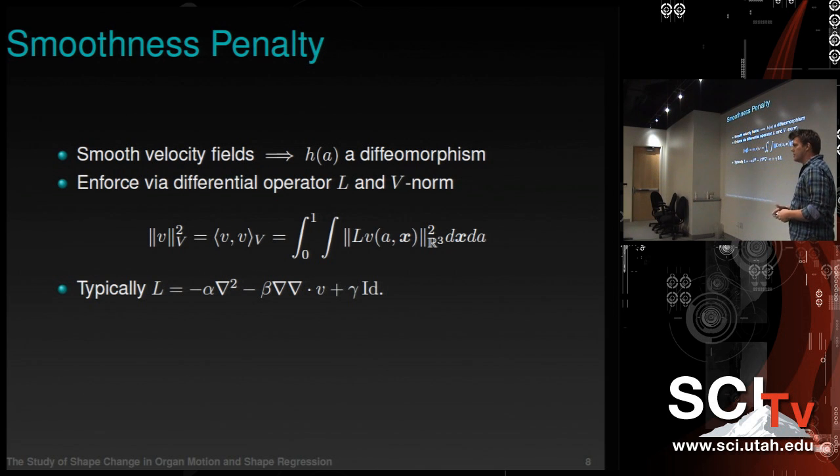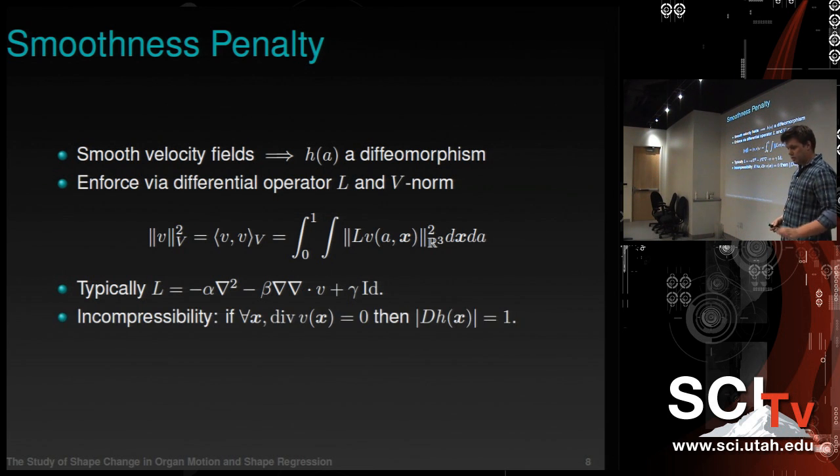And this implies that if you have substructures embedded into the torso, for instance, then we won't estimate that they rip apart or overlap or that new particles appear and stuff like that. So we get somewhat feasible deformations using this model. And we'll enforce this with this regularization term, which takes the form of just a squared Sobolev norm. And this is a commonly used kernel in the literature.